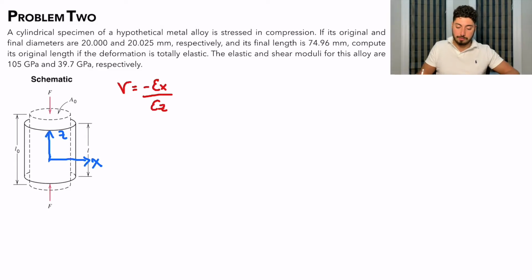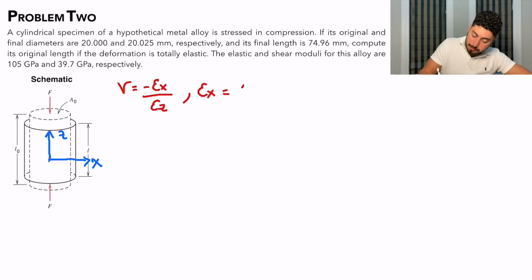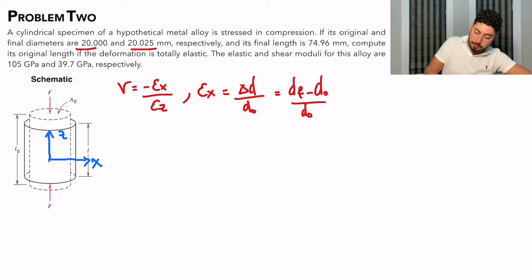So let's do the easy one first. Let's first calculate our strain in the x, because we know that that's going to be equal to the change in diameter all over our initial diameter, which can be simplified to our final diameter minus our initial diameter all over our initial diameter. The problem gives us both of our diameters, so we can simply plug in the values and compute the solution.